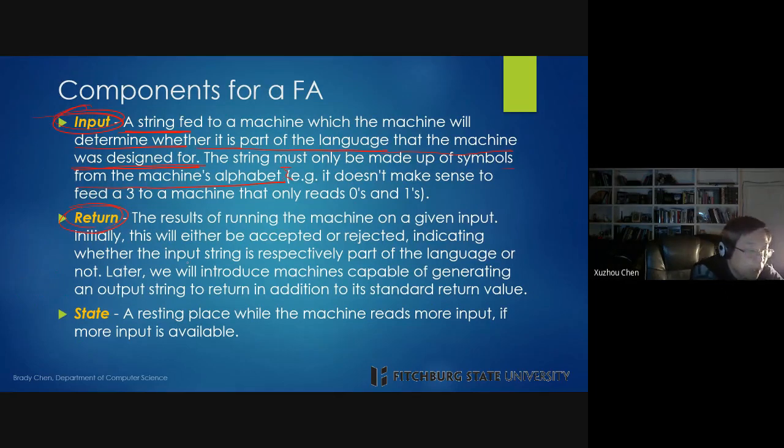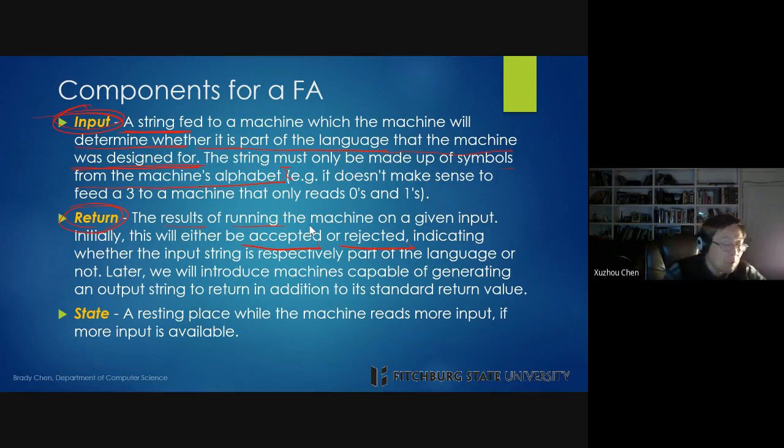And the return. We define the return as the result of running the machine on the given input. Once I send the input to the machine, the machine should return something, right? Okay. So the final return is going to be either accepted or rejected. There are only 2 results for the return: accepted or rejected.